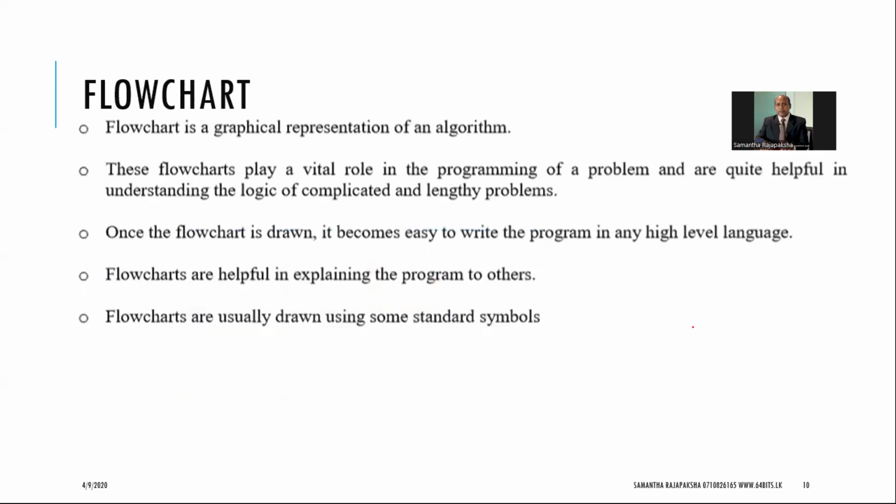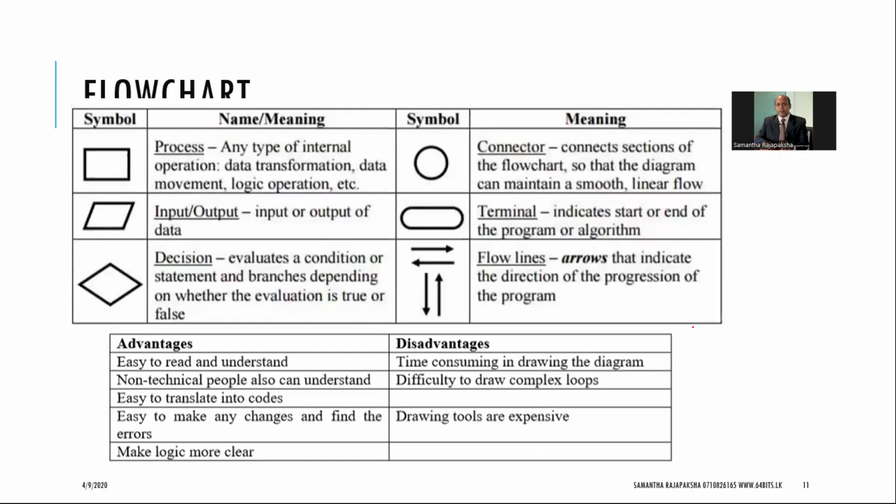So in flowcharts, we have a set of symbols we need to follow, as given here. I think you are familiar with these symbols. If you are going to make any calculation or process, use a rectangle. Input and output is a parallelogram, and this oval shape is for the starting and ending.